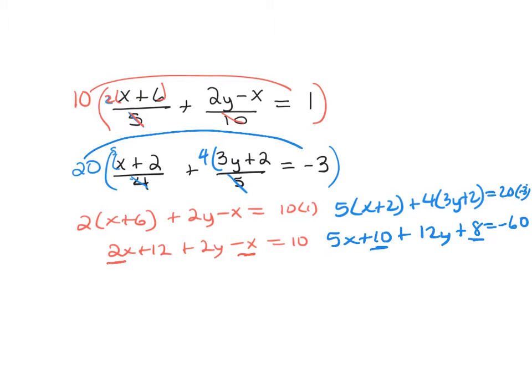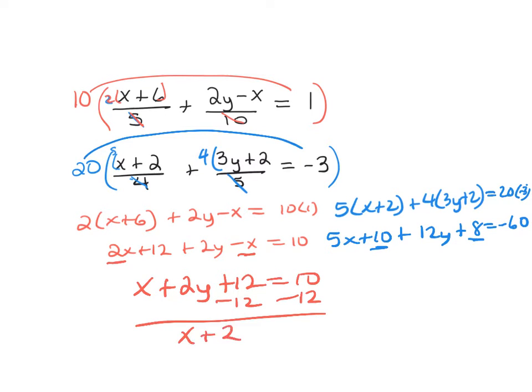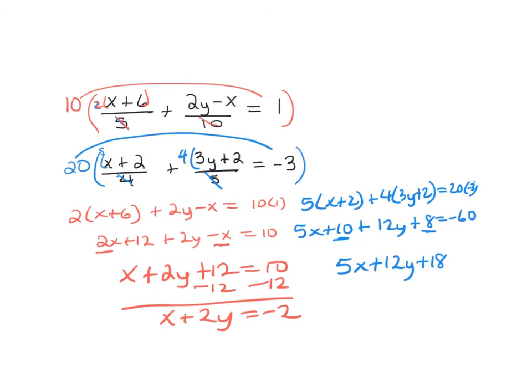So here I get x plus 2y plus 12 equals 10. Move the 12. Over here, 5x plus 12y plus 18 equals negative 60.